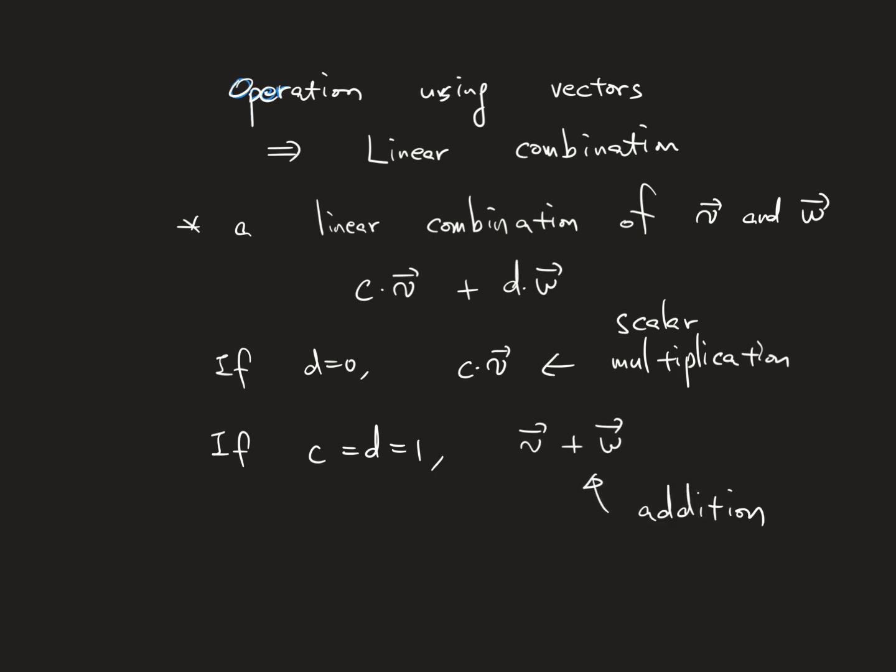So a linear combination could be addition, or it could be scalar multiplication. It's a kind of combined operation. In any mathematical proof, sometimes you use addition and scalar multiplication, and sometimes if you use a linear combination, you can shorten your proof easily. Basically, we have one operation for vectors, and that's called a linear combination.